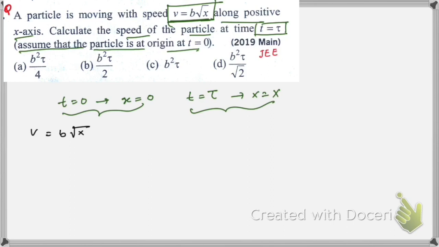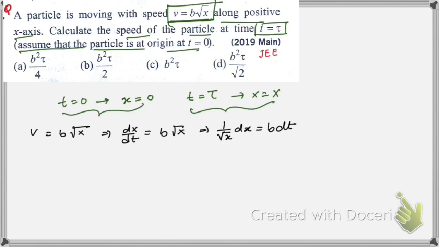We know that v is equal to dx by dt, so b root x is equal to dx by dt. This relation can be written as 1 by root x dx is equal to b into dt. Now let us integrate in order to calculate the value of x.